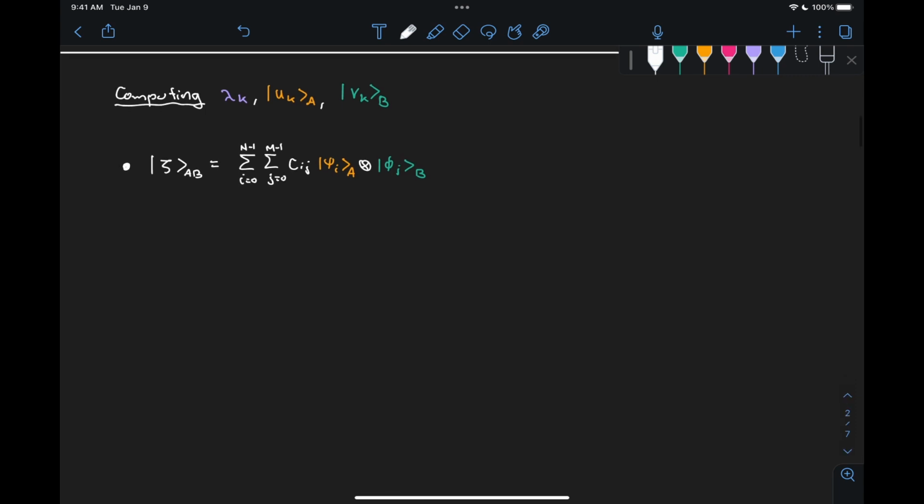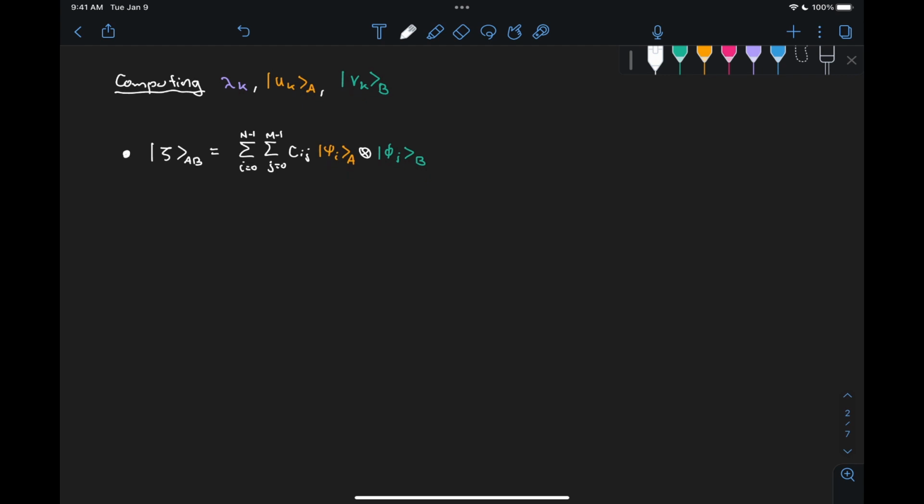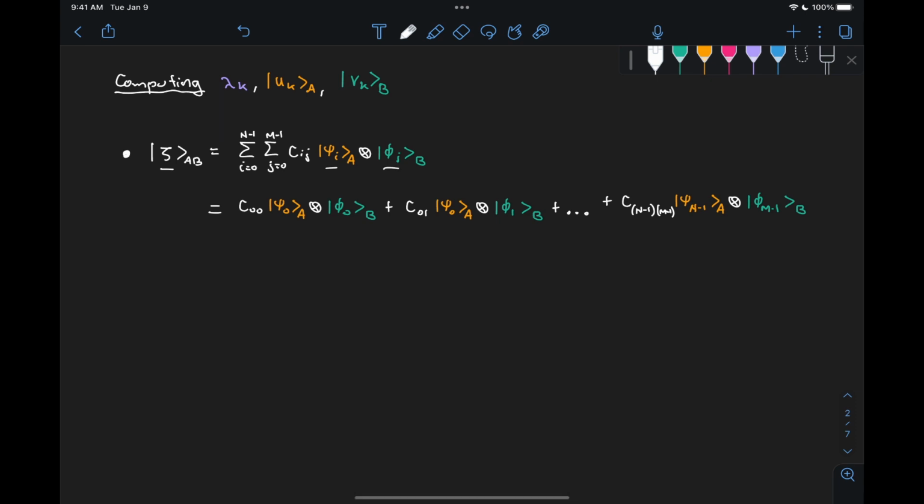So the way to do this is by first representing our state, in this case zeta, in its canonical form. So basically as a linear combination of all basis states in subsystem A, so these psi sub i's, and all basis states in subsystem B, so our phi sub j's.